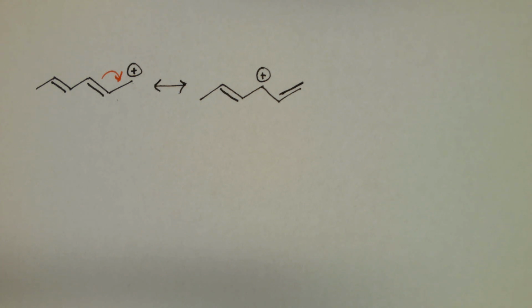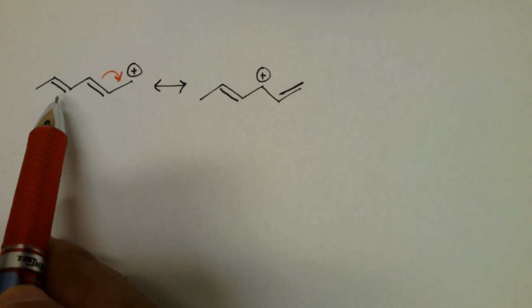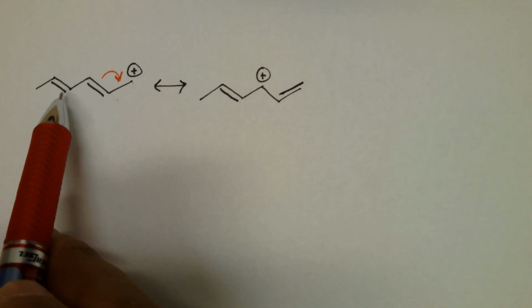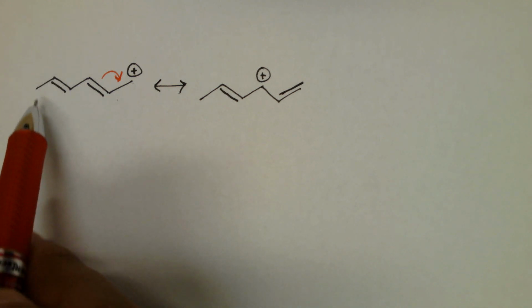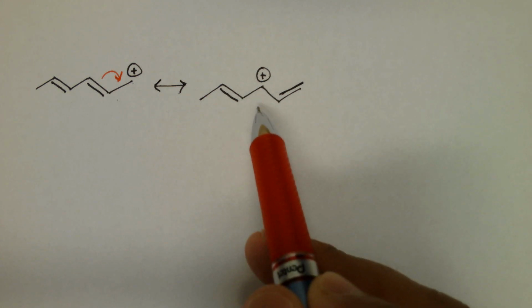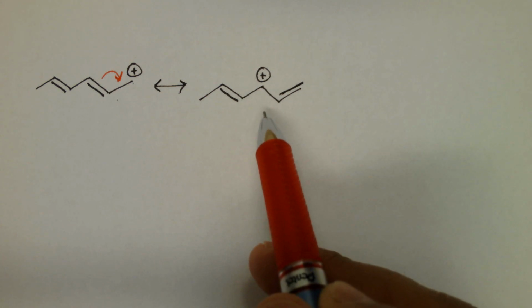Now, something special happens here. Notice I introduced this example by showing this double bond, and its allylic positions doesn't have any positive charge. Well, now it does in our second resonance structure.